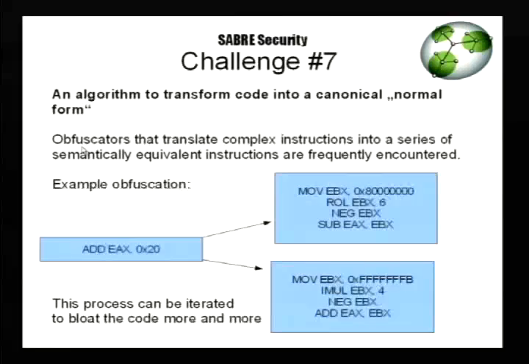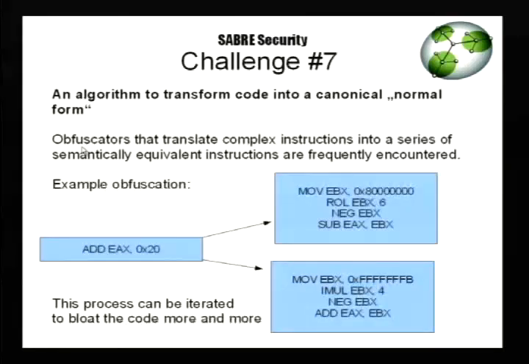All right. Challenge number 7, normal form for code, another difficult one. A lot of the polymorphic engines we see these days are basically just glorified table lookups. I take a block of code, and for each instruction, I look up in the table and choose one of a set of possible semantically equivalent representations for that instruction.